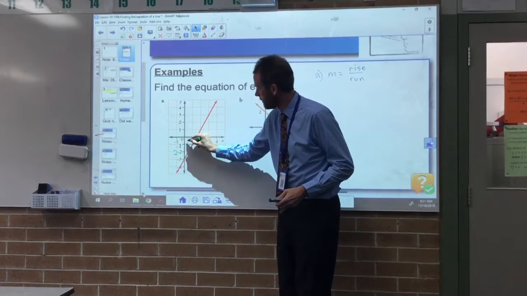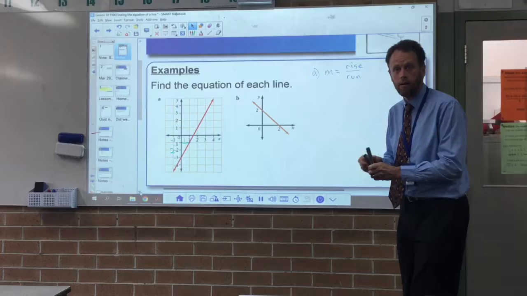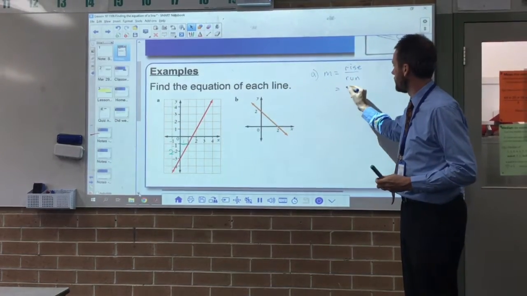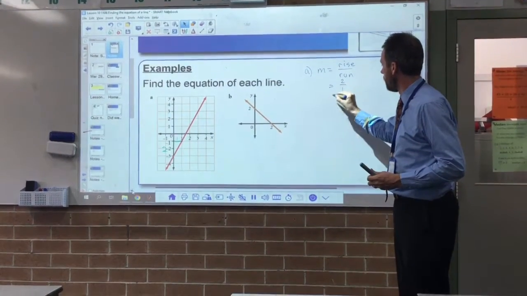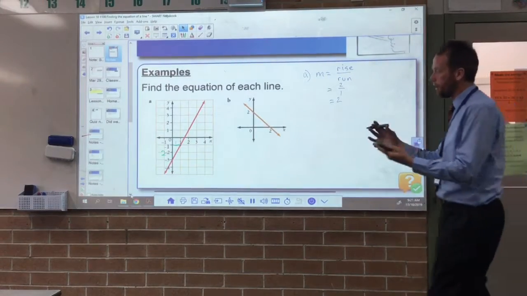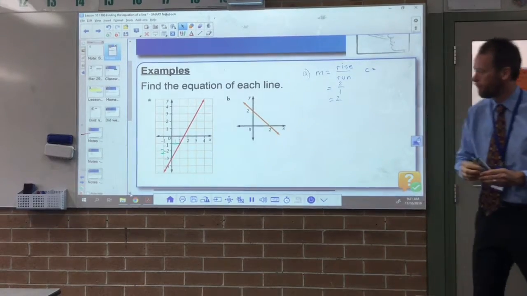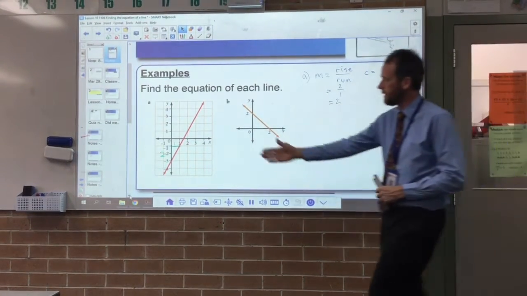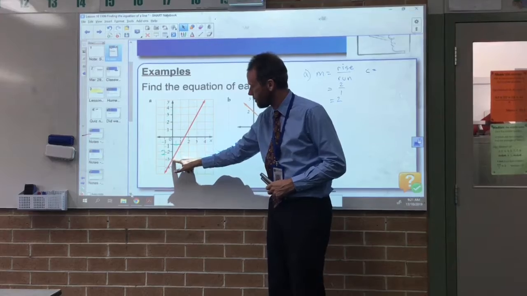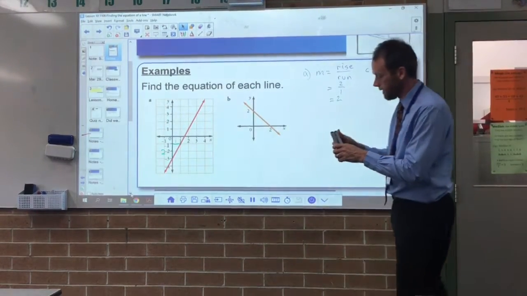My run is 1. So I can substitute that into my equation here, 2 over 1, which of course equals 2. My y-intercept, or my constant, or b as I've also been talking about it, is where it cuts the y-axis, which is straight here at 3. When x is 0, negative 3.